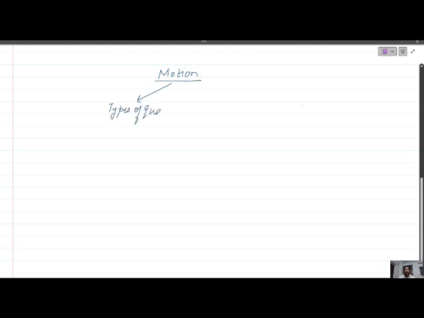Okay, and then we will move forward. We'll understand what exactly is distance, displacement, speed, velocity, and acceleration.